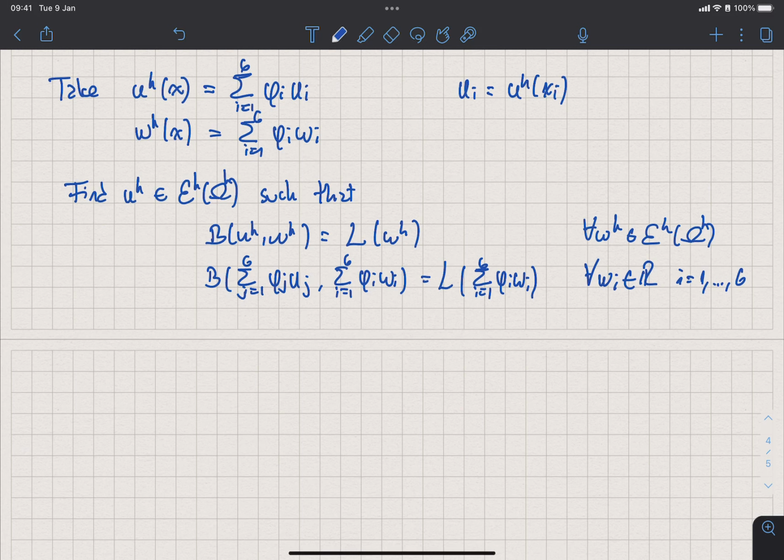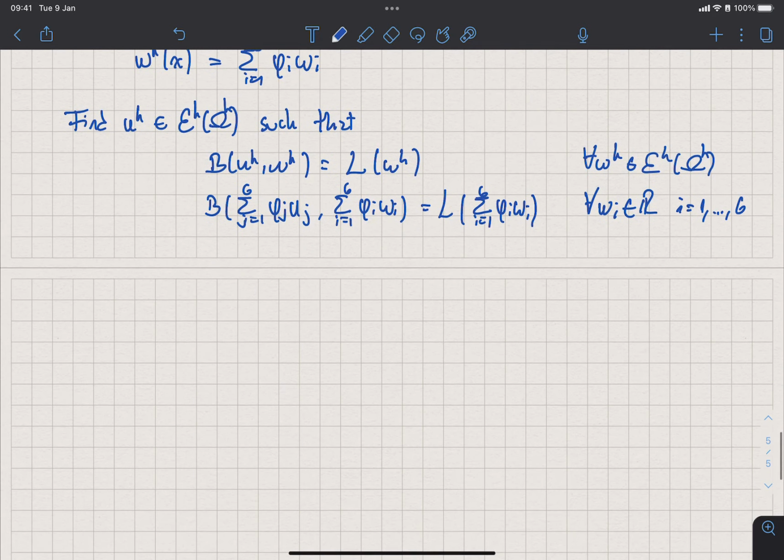In other words, the for all w_h translates into having all types of coefficients, because the other part of that weight function is already known. Okay? All right, so we can work out this equation a little bit, so we can take this sum out.